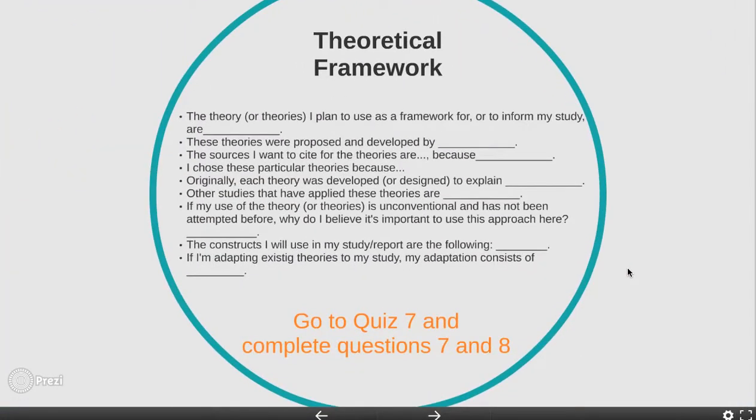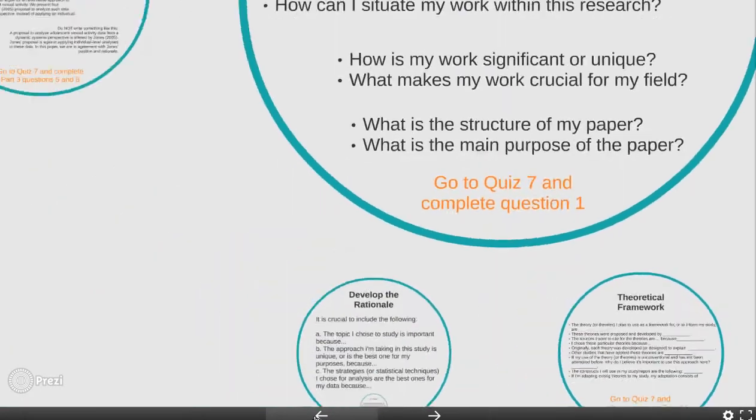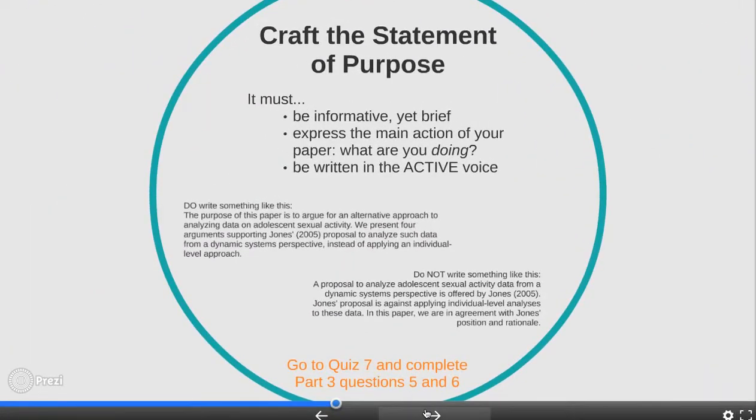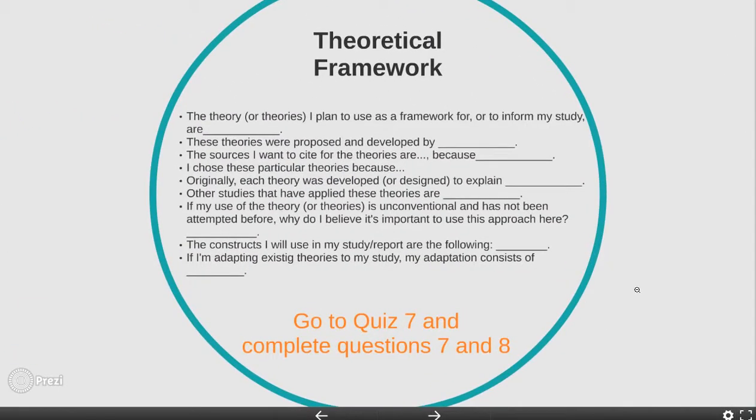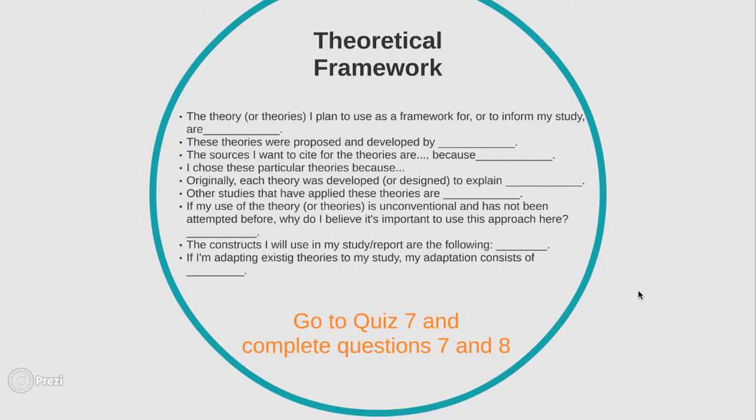Okay. So after you've completed the section with the statement of purpose, 5 and 6, we're going to look at theoretical framework. So this might not be relevant to some of you, but most of the time you are going to have some kind of theoretical framework behind.